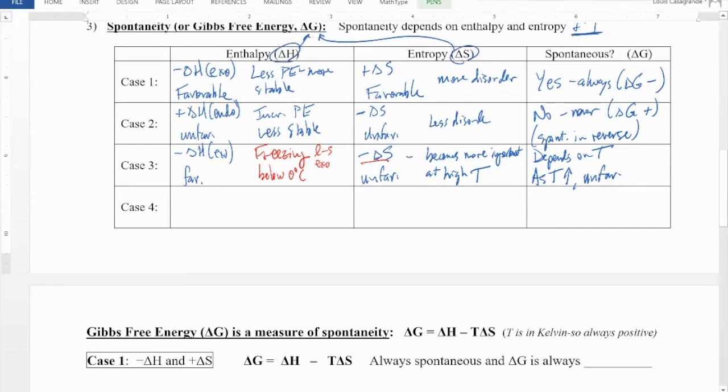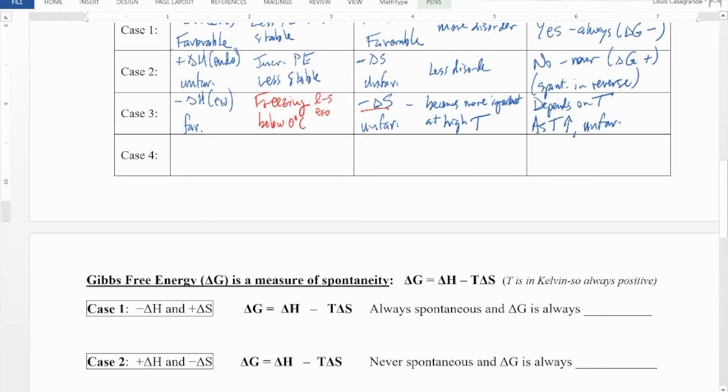All right, well, if you've been paying attention to the symmetry we've seen so far, we'll know that a delta H that's positive and endothermic, and that's unfavorable, coupled with a positive delta S that's favorable, is also going to depend on temperature.